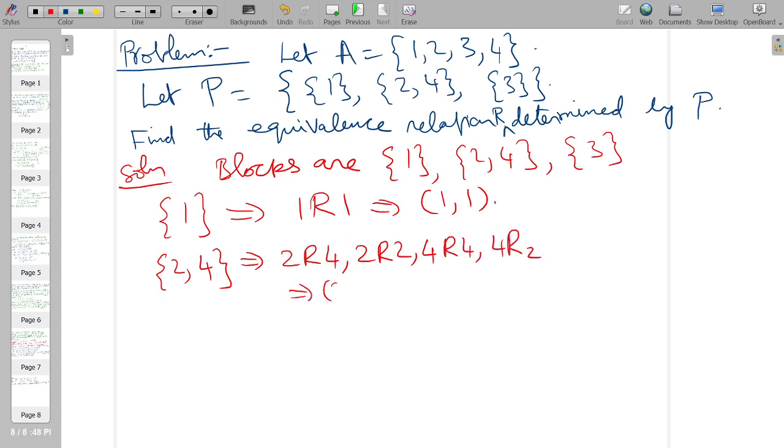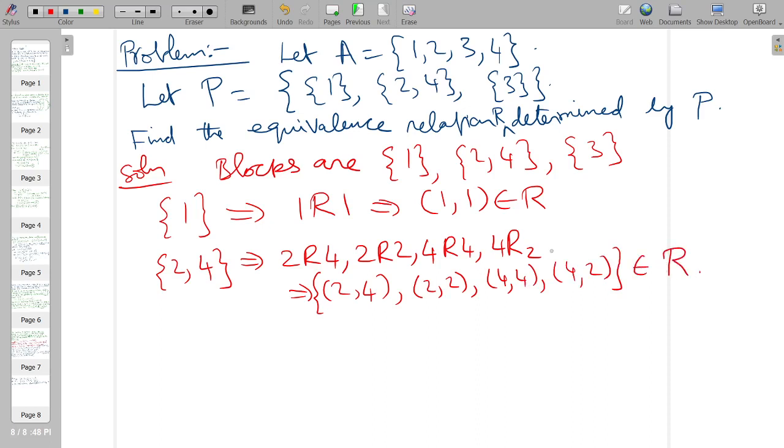So 2 comma 4, 2 comma 2, 4 comma 4, 4 comma 2, all these belong to the relation R.